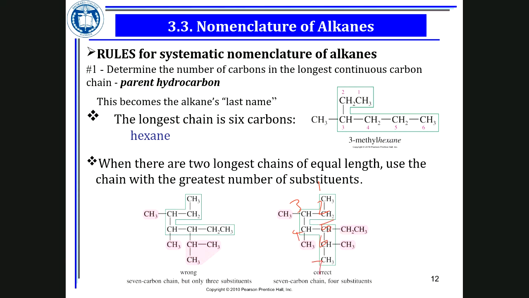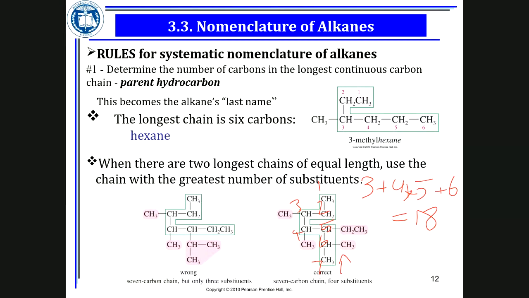The first branch is on carbon number 3, second branch is on carbon number 4, then 5, and next one is 6. If you add them all up, it's going to be 18. But if you go from bottom up, it's going to be 14.